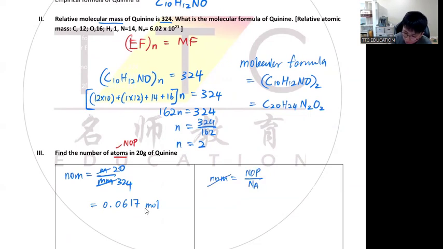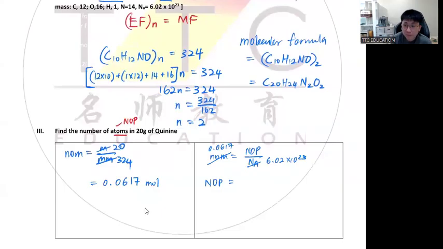So number of mole is 0.0617. Your Avogadro constant is 6.02 times 10 to the power 23. So what is your number of particles? Okay, so you all give me the answer for this, because my computer calculator cannot press this times 10 to the power 23. I need your scientific calculator.